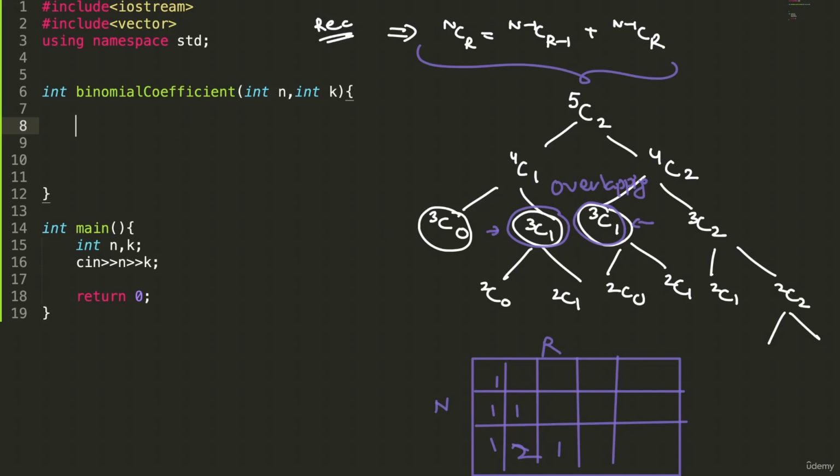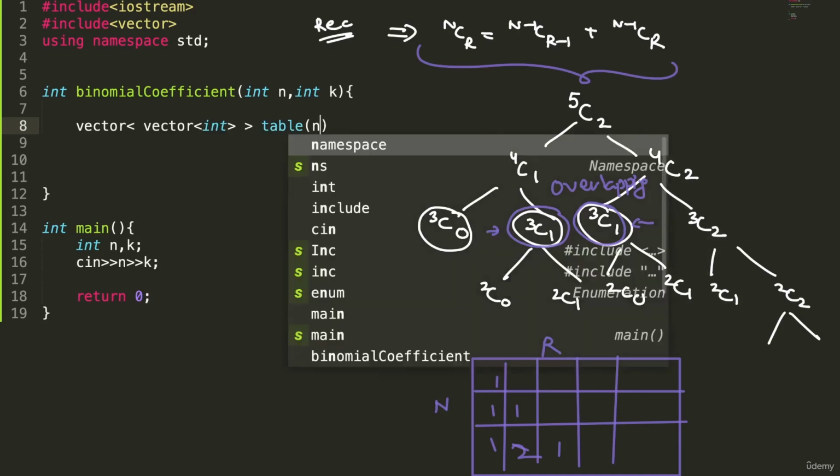First of all, I will create an array, or a vector you can say. So I'm going to create a 2D vector, a vector of vector of int, and let's call it table.